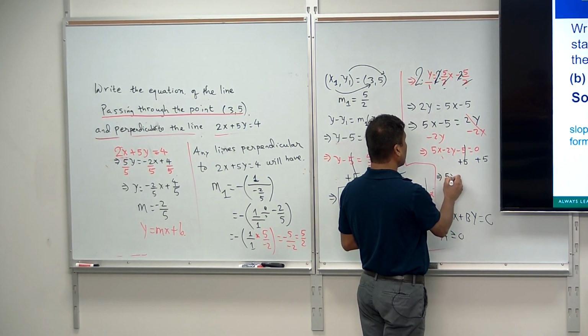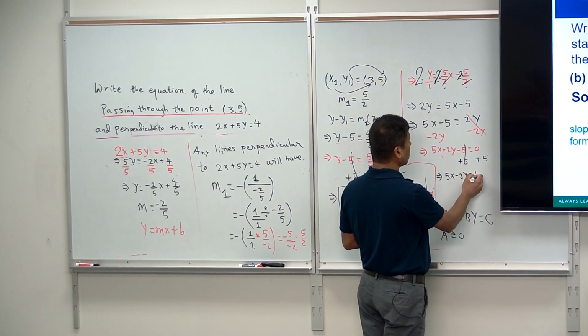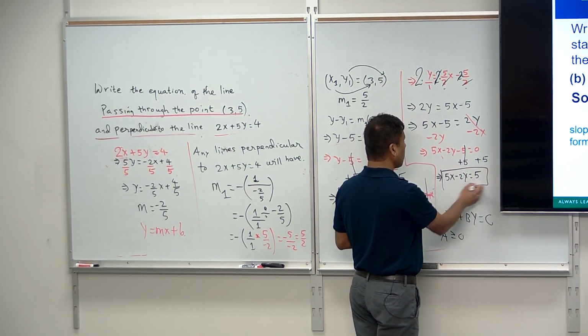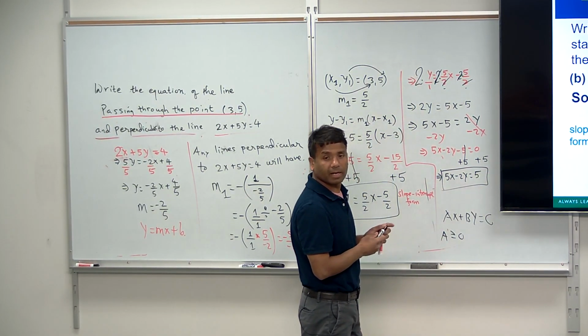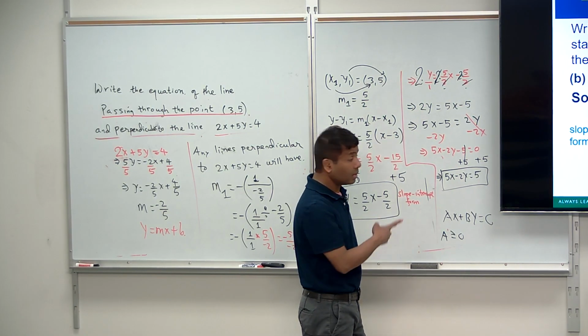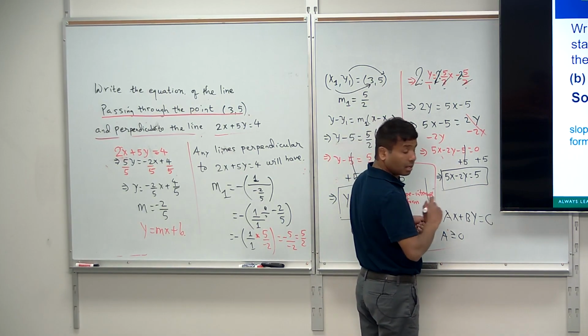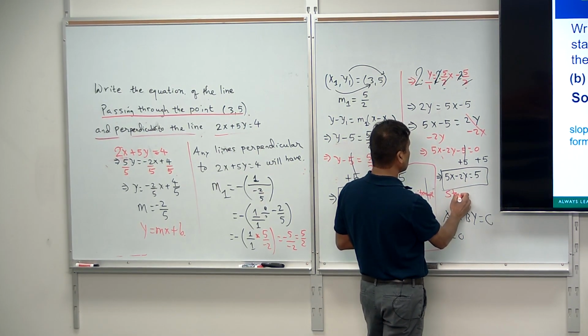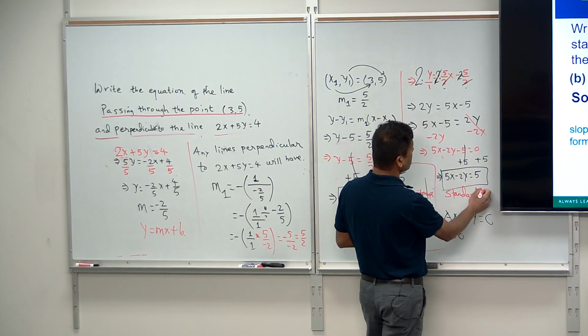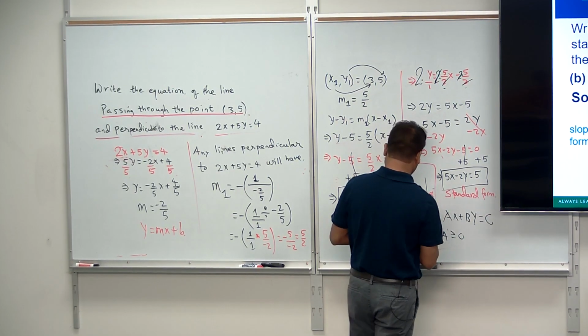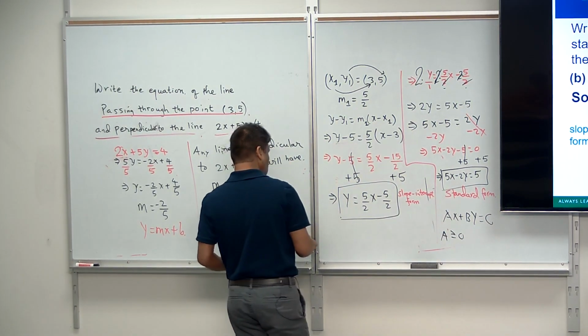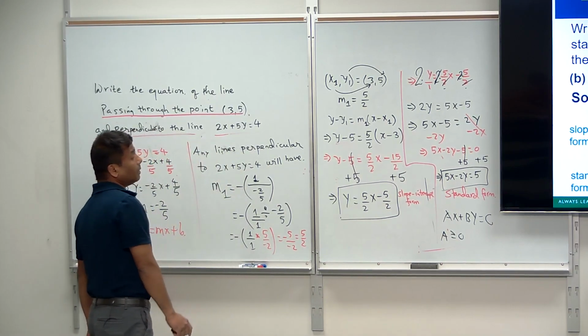So that will be 5x minus 2y equals 5. You see that? Did you get it? So this is the equation of the line in standard form. So you see that, guys?